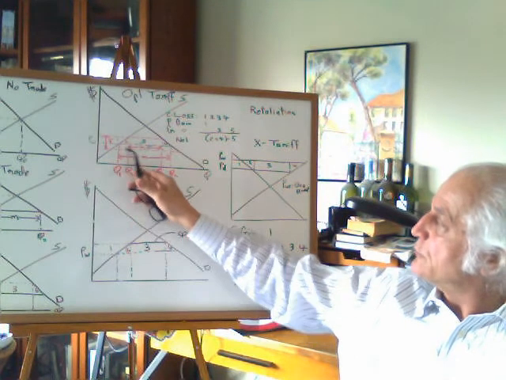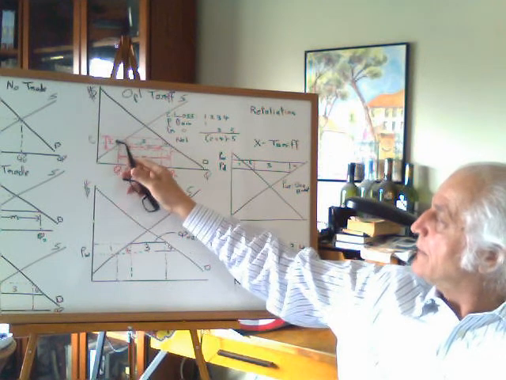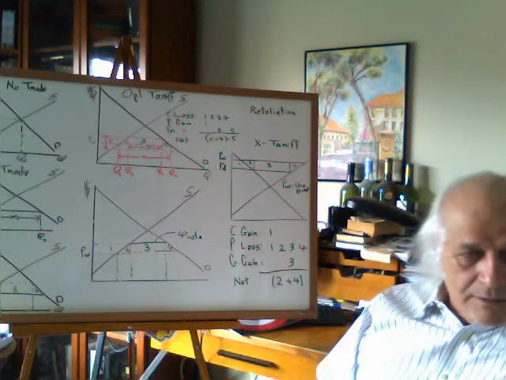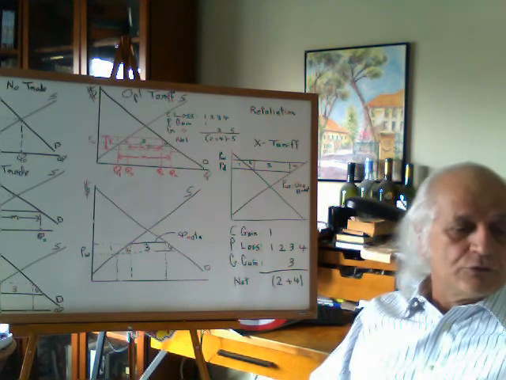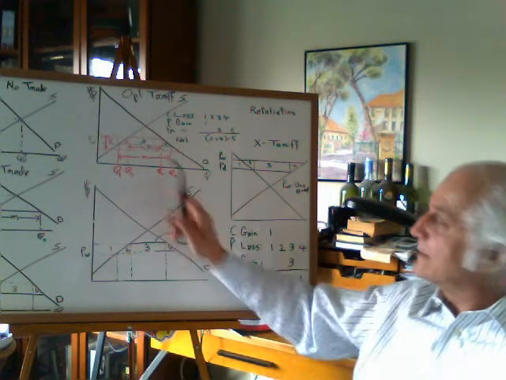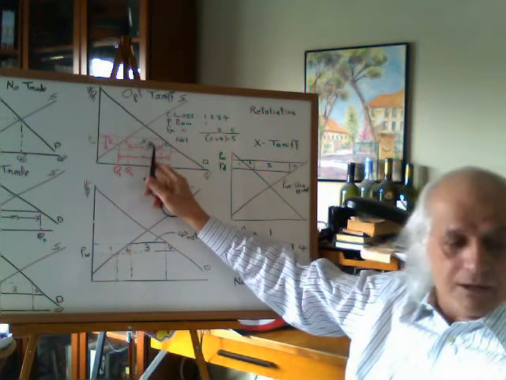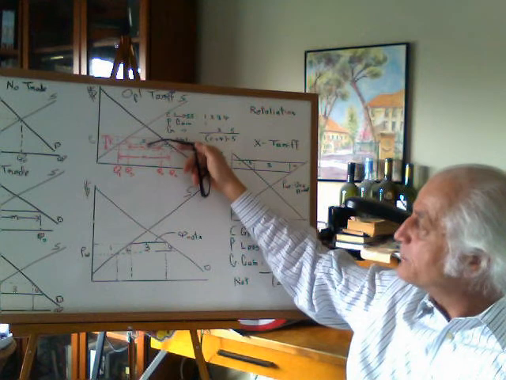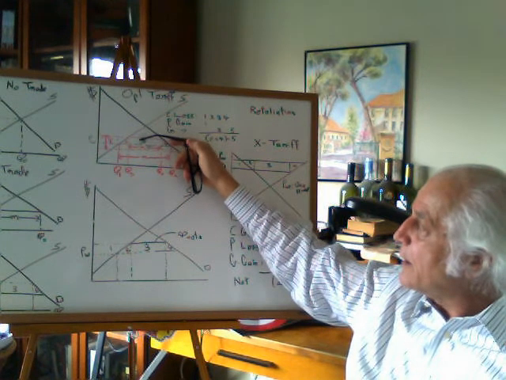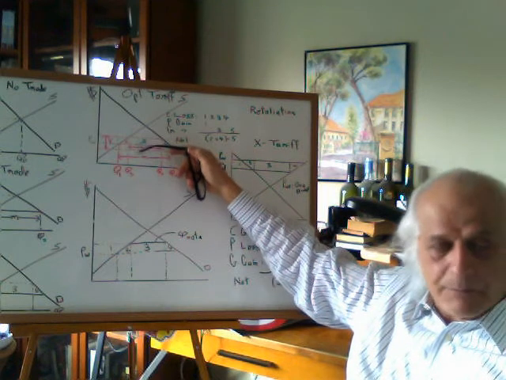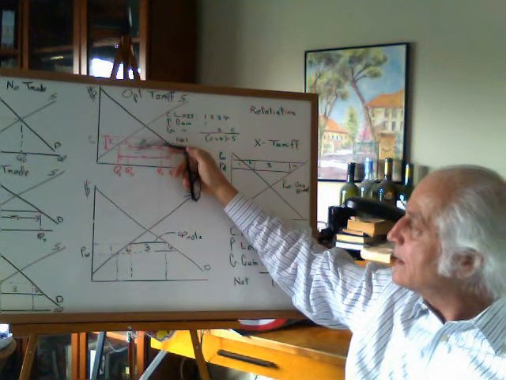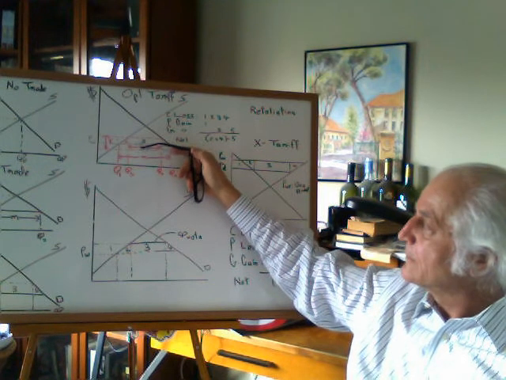Right now, they're producing more, so the domestic producers have right now gained 1. But right now, this is the issue of the tariff. What is the government going to gain? The government is not going to gain only 3, because remember, the government has imposed a tariff of 4, and the price has gone up only by 2. Why? Because this company, Jaguar in this particular case, has decided to foot the bill for the other 2.